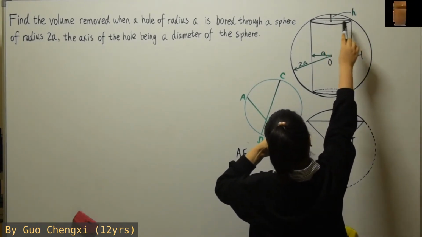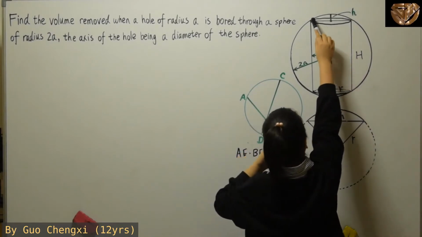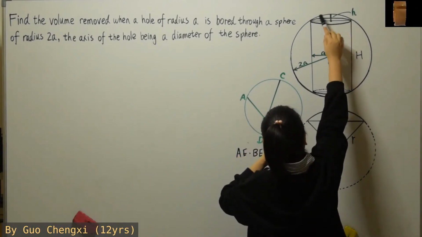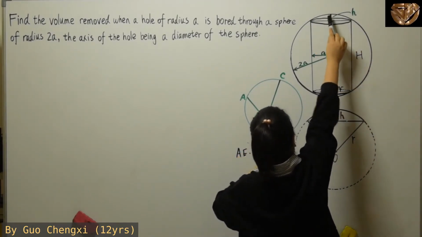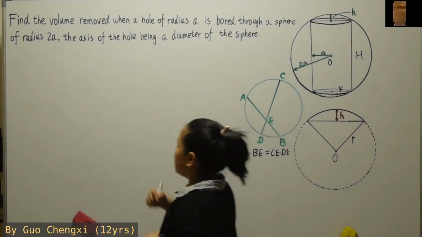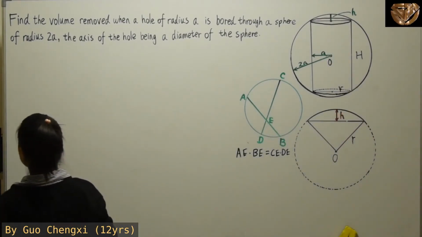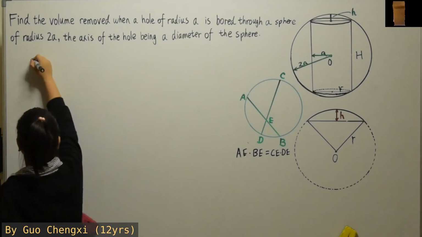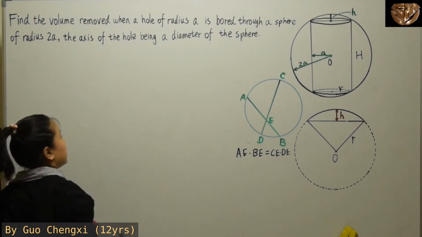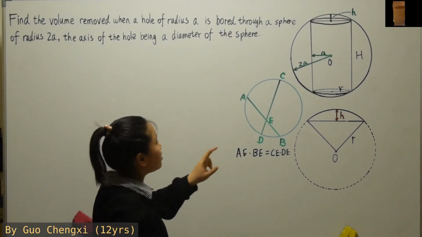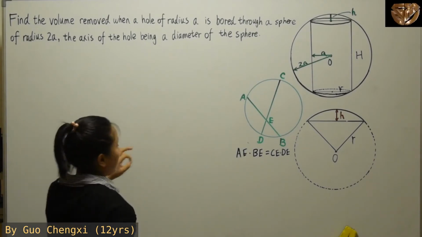So the two chords intercepting will be the diameter of the cylinder and the diameter of the sphere. The diameter of the cylinder is basically 2a, right?